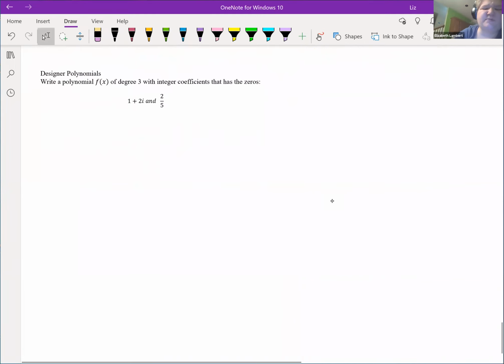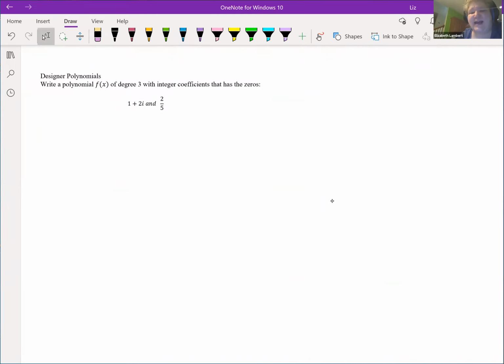So the last problem type, my favorite here, is what's called designer polynomials. That's what I named it. And I named it because I'm asking you to design a polynomial with these specified conditions.